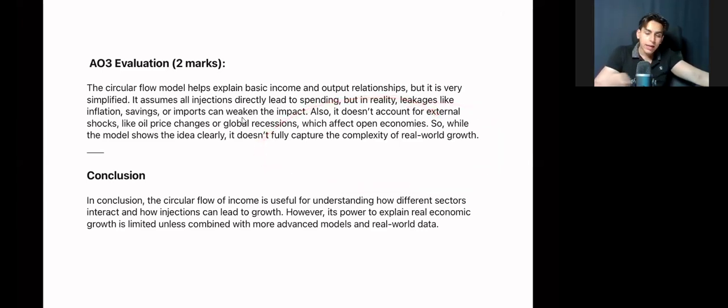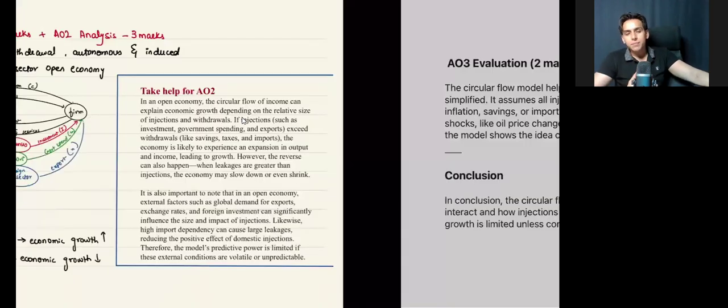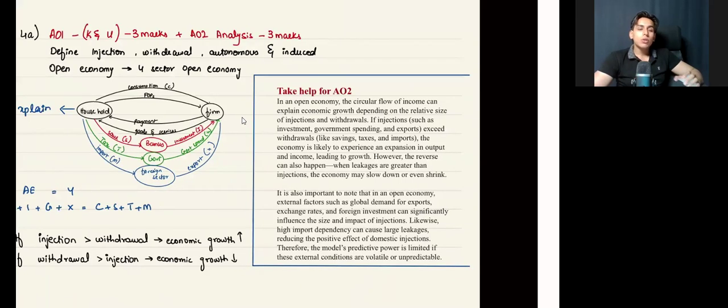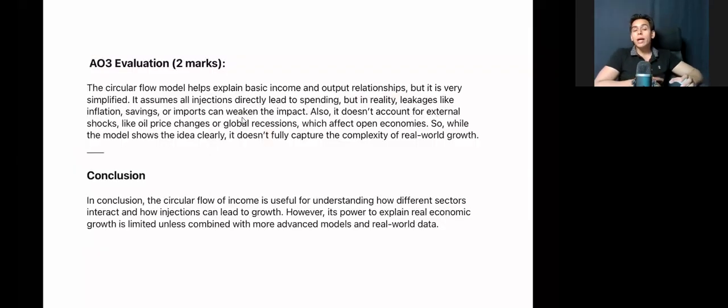Now, see, it's a web diagram in which we are just trying to create an equilibrium of income and expenditure. But usually, the circular flow of income diagram ignores the real world problems. This ignores the real world complexities. This ignores the future trends. So, in conclusion, the circular flow of income is useful for understanding.